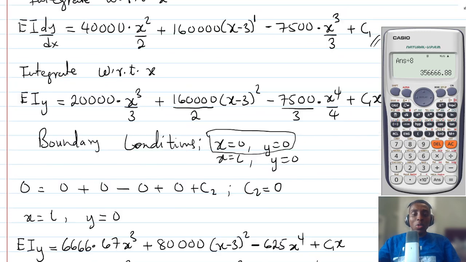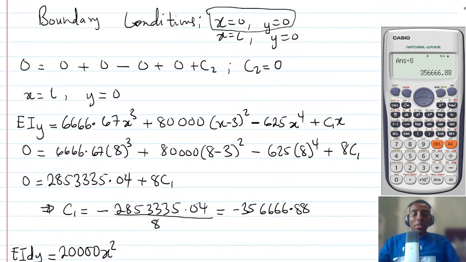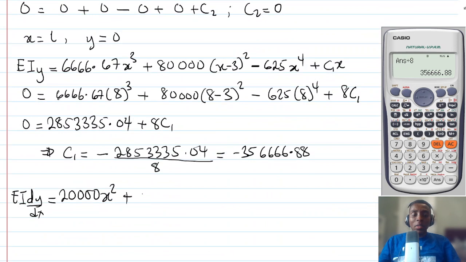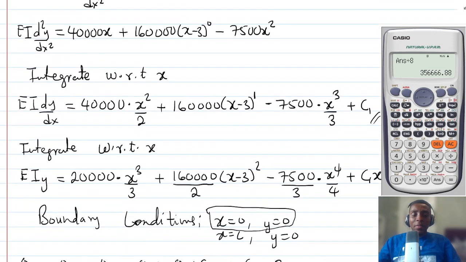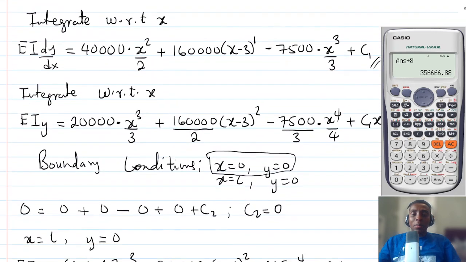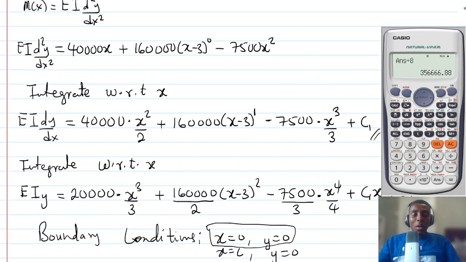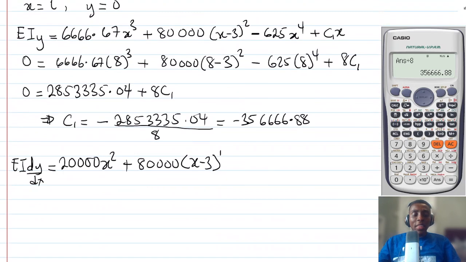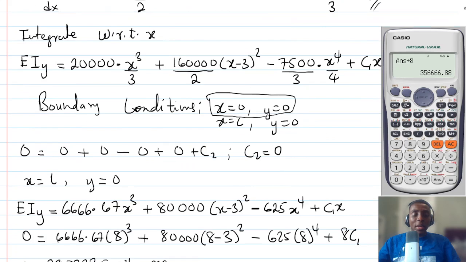So actually it's going to be, sorry, yeah, 80,000 x minus 3, okay, I think here is 1, and then finally minus. So actually if you do this one, sorry, I think we are dealing with the slope.